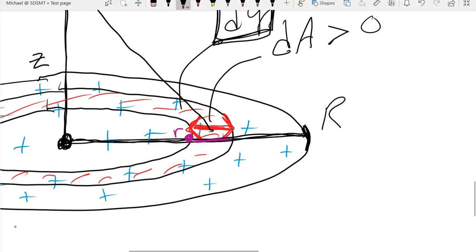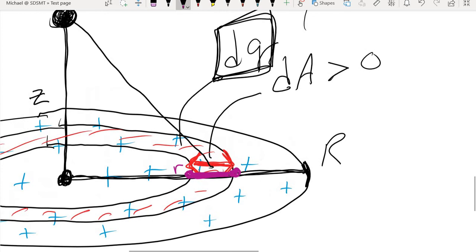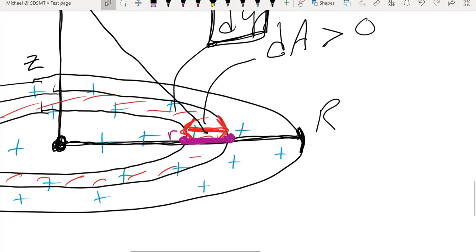And then there's that thickness that we talked about. And so that means that there is an outer radius for this ring. And how thick are we going to allow this ring segment to be? Considering that we've already assigned infinitesimal charge and infinitesimal area, we might as well say that this ring has an infinitesimal radius to it. And so the outer radius of the ring would be r plus dr.